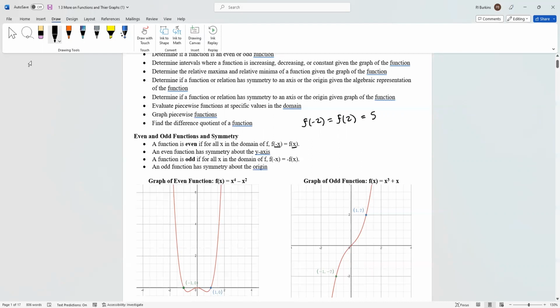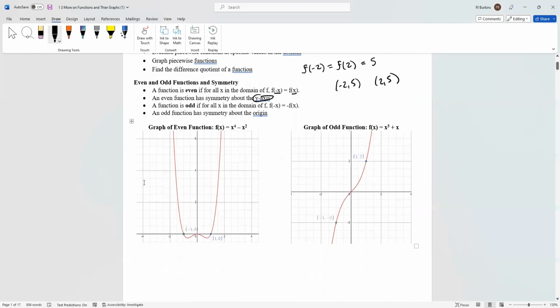If you think about that, the 2 points then would be (-2, 5) and (2, 5). That creates a symmetry, for the x values are the same but opposite in sign, and the y value is exactly the same. So this creates a symmetry about the y-axis.